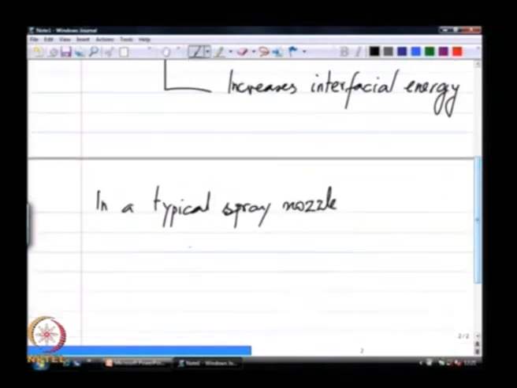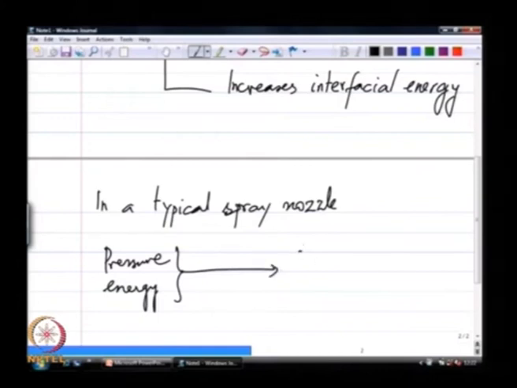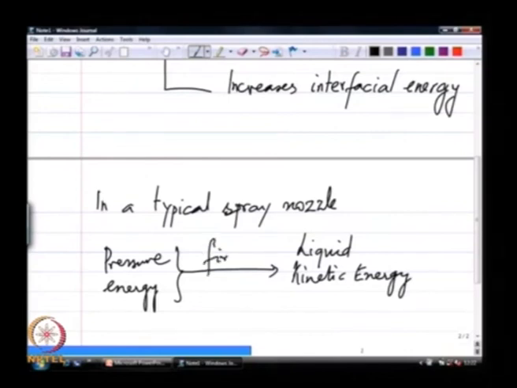The first step in most spray nozzles is to take a pressurized source of liquid.